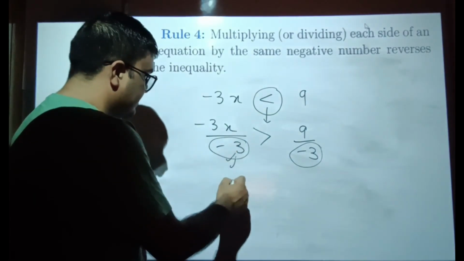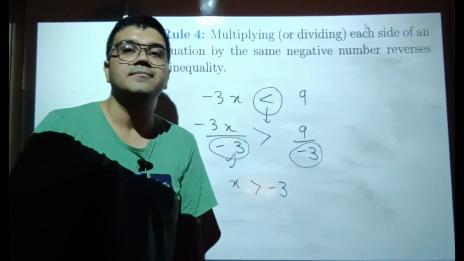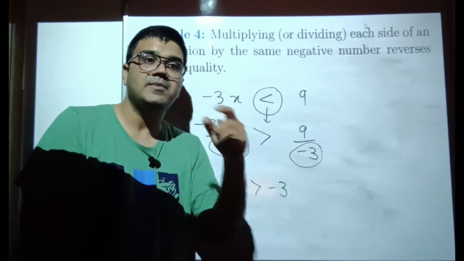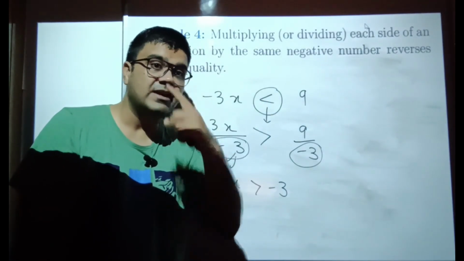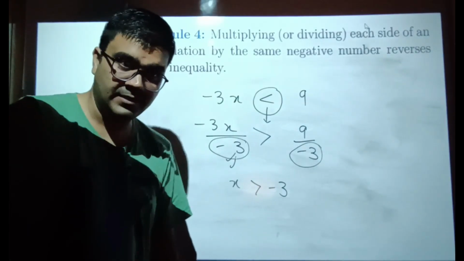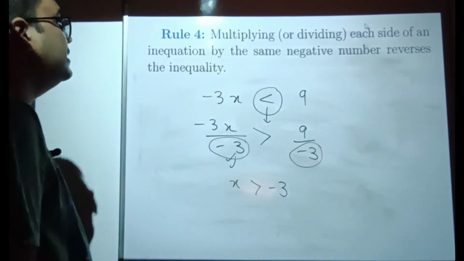This minus 3 gets cancelled. You will get x is greater than minus 3. This is very important to note. Always keep in mind that whenever we multiply or divide by a negative number, we have to reverse the sign of the inequality.